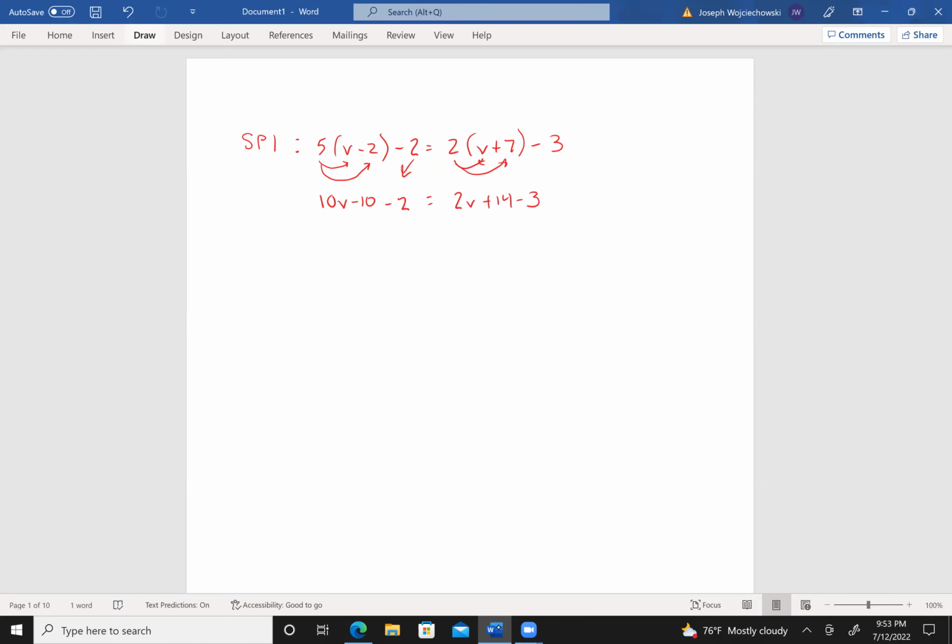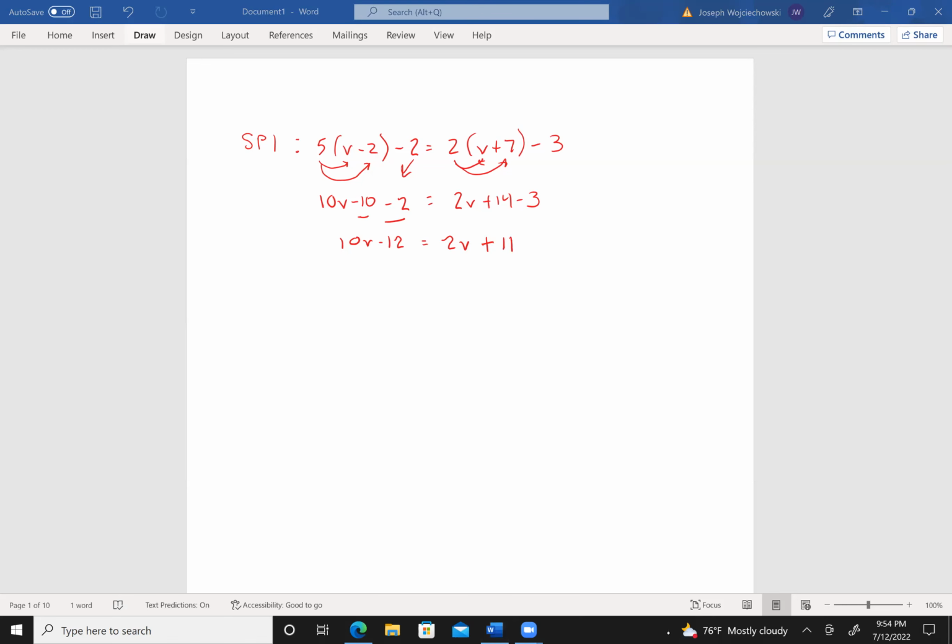We'll combine the like terms on each side, negative 10, negative 2. So I have 5v minus 12 equals 2v plus 11.